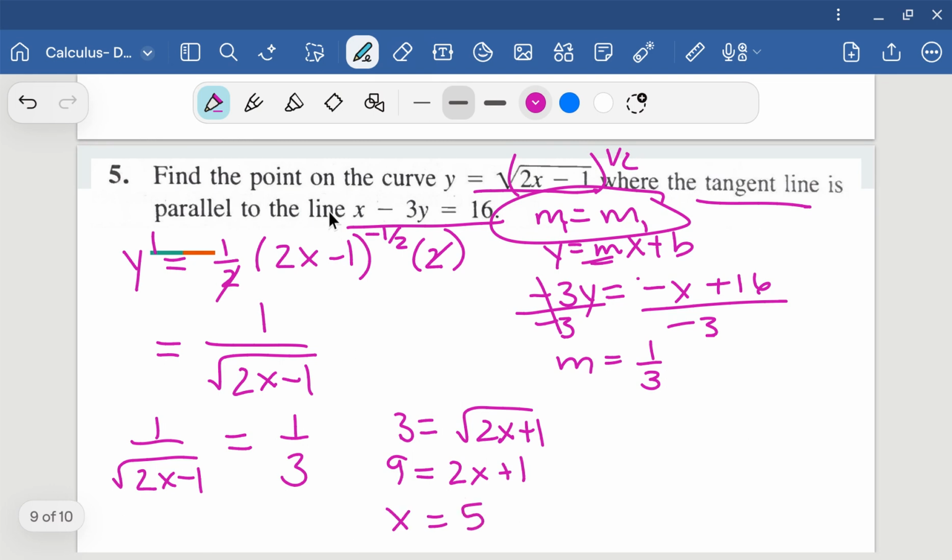X will equal 5. Now that we know what x equals, if it's on our line over here, we're going to plug that in to find y. So y will equal the root of 2 times 5 minus 1, which is the root of 9, which is 3. So our point that is on the curve and parallel will be 5 and 3.